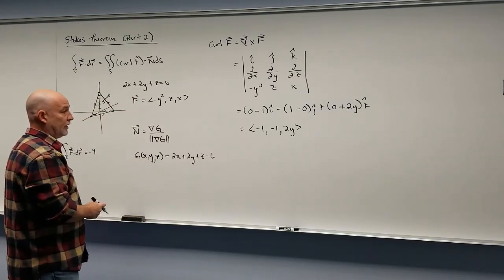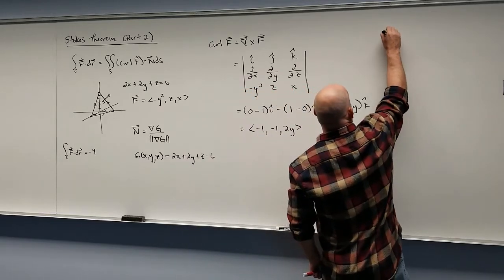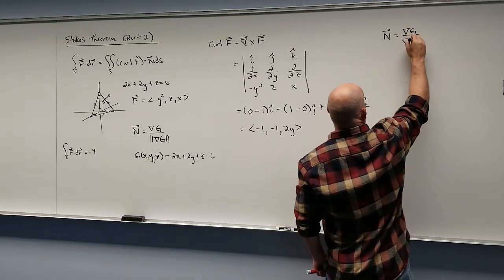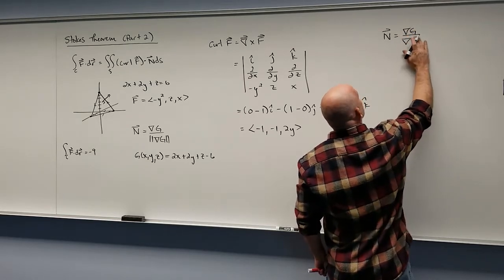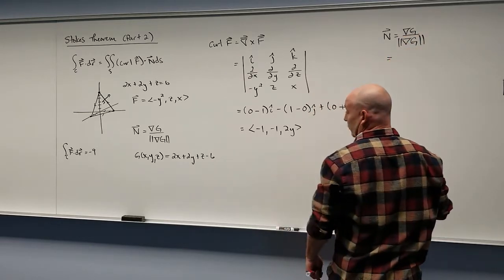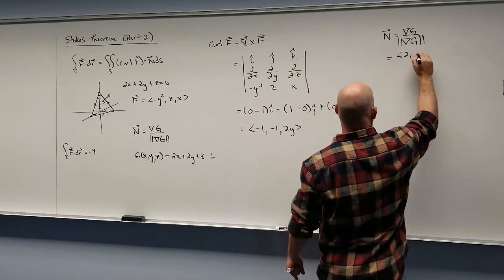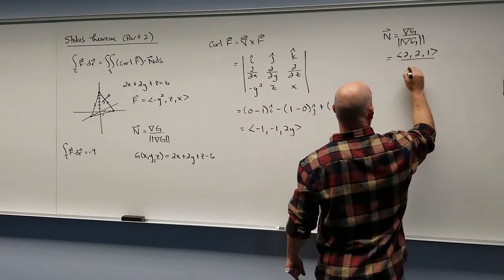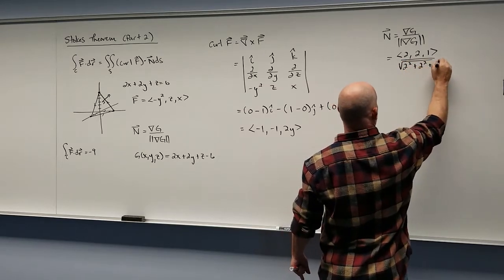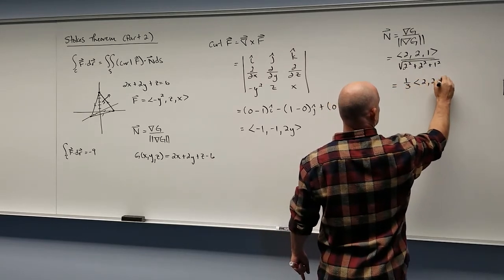So now we should be able to find our normal vector fairly quickly. Of course our normal vector will be del G over the magnitude of del G. So what do we end up with? The gradient of this is 2, 2, 1 over the magnitude of that, the square root of 2 squared plus 2 squared plus 1 squared. So our normal is going to be 1/3 times 2, 2, 1.